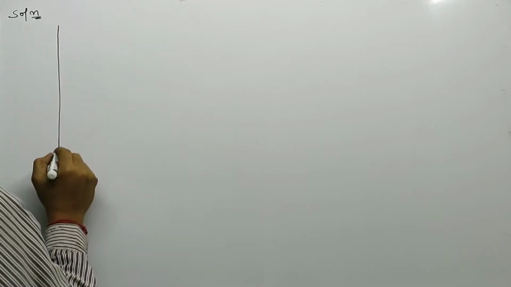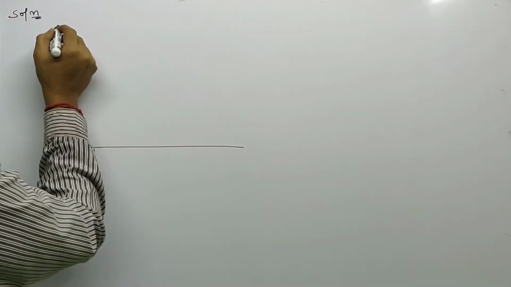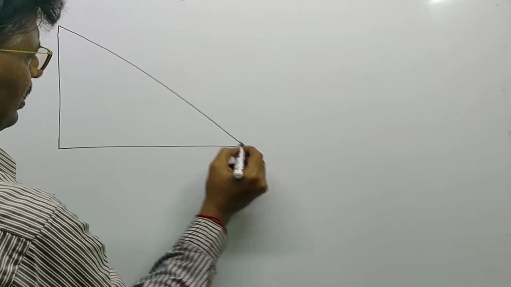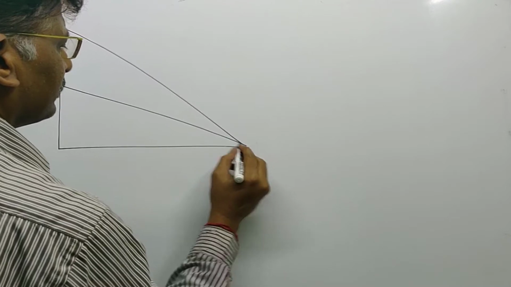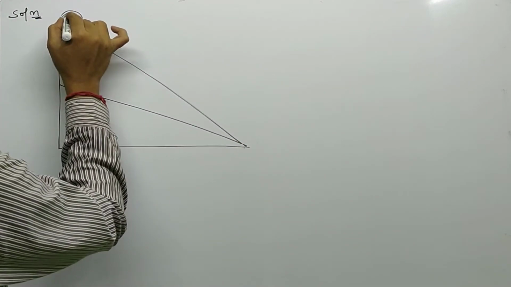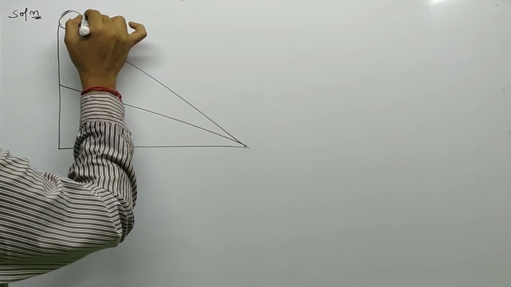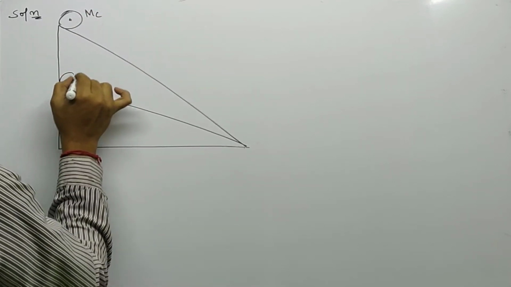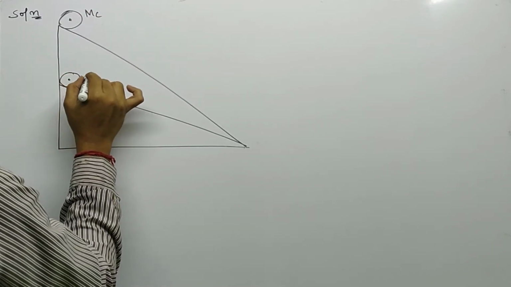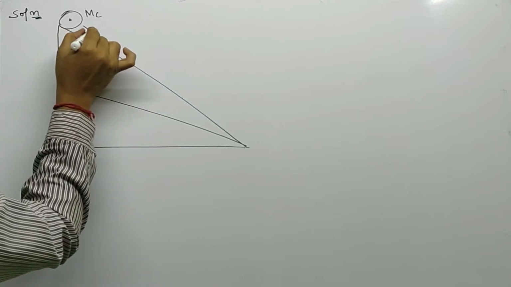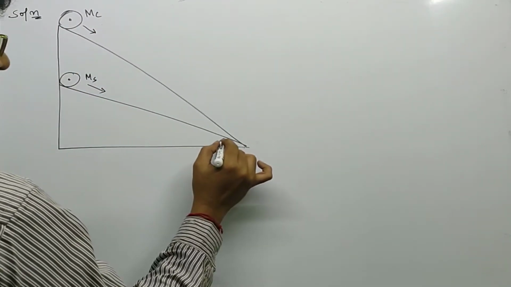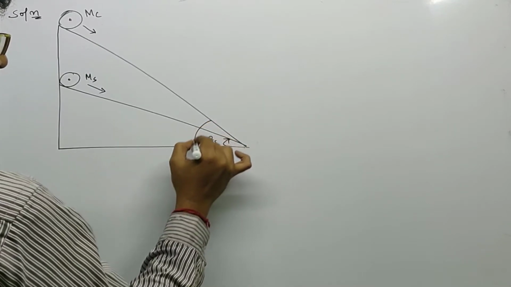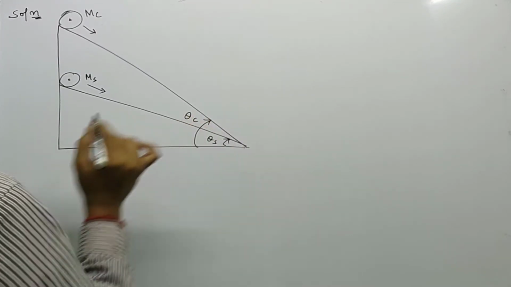In the question, two inclines are given. On one incline, a cylinder of mass m c, and on the other incline, a solid sphere of mass m s are rolling down. Here let us take this theta s, and this upper one is theta c.